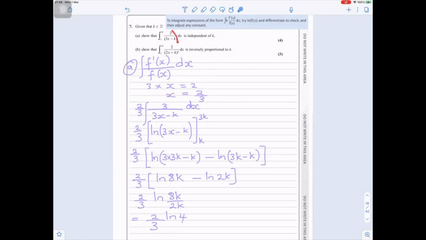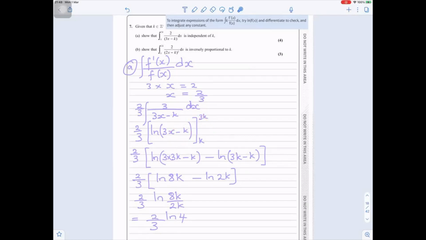And now the top will change to 3. The denominator will stay the same. Now when you integrate, you use this formula. That just gives you ln of 3x minus k, and we're integrating from k to 3k. Substitute 3k for x. Wherever I see x, you substitute 3k.